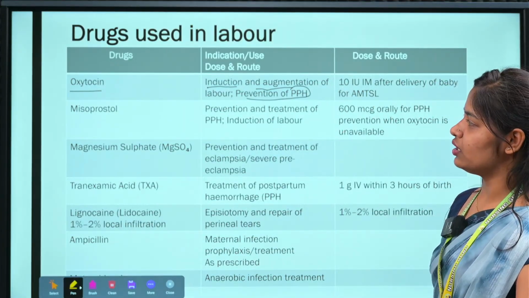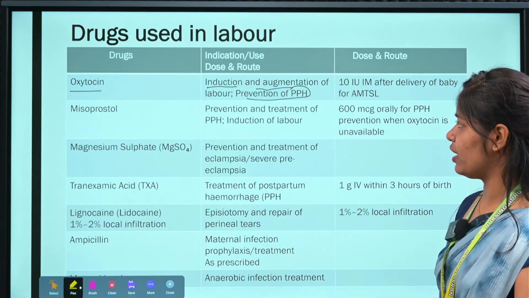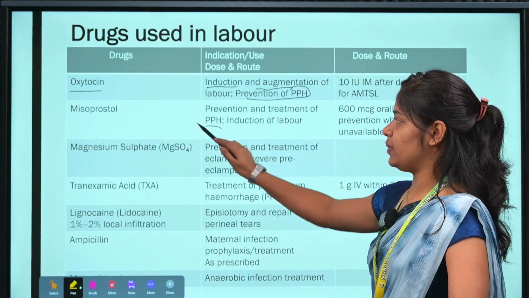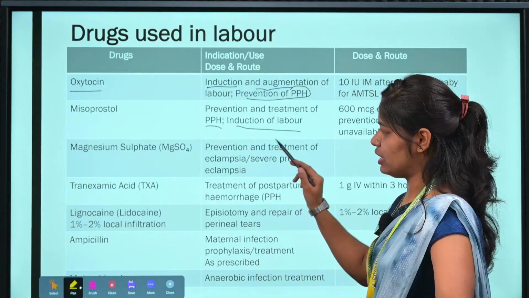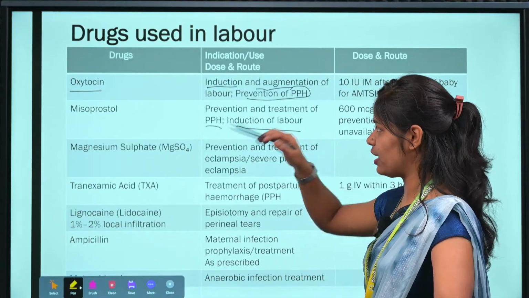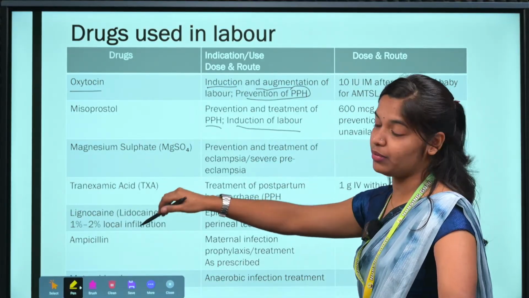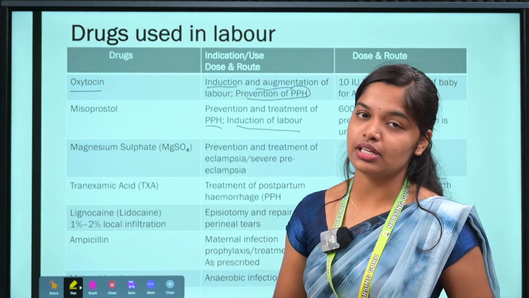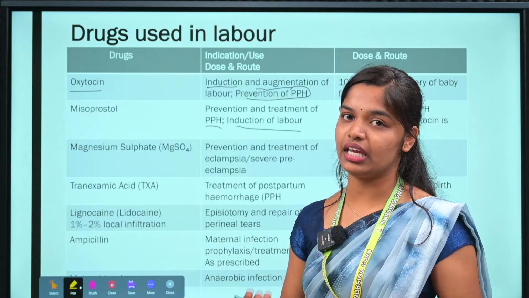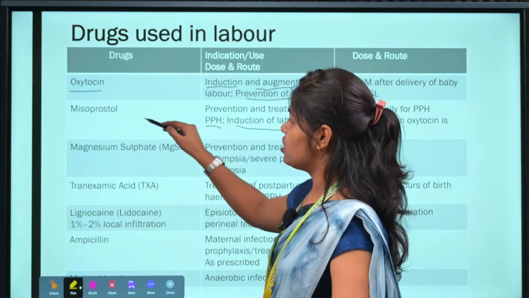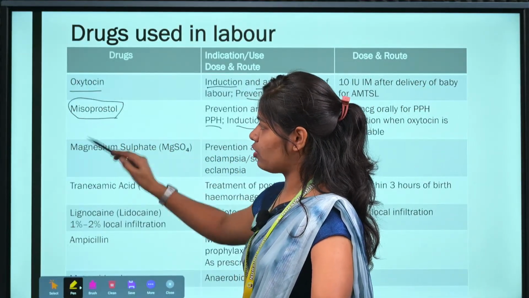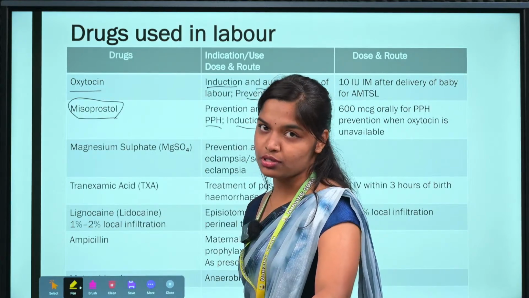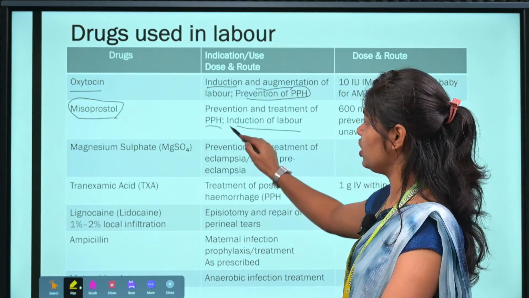Then misoprostol to prevent and treat PPH and also to induce labor. Induced labor I already explained before, spontaneous labor and induced labor. In induced labor, we give artificial medication or procedures. To do that, we give misoprostol. This is a medication for induced labor also.